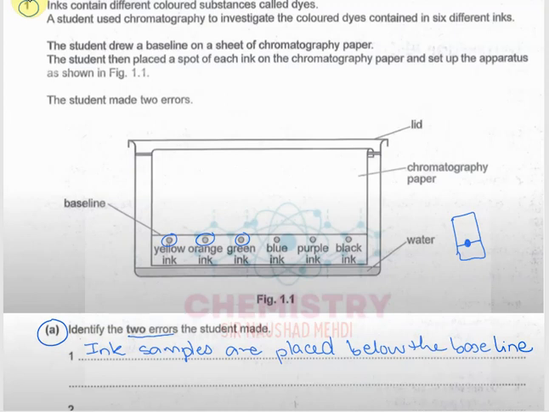Secondly, there is one more error. When the chromatography paper is dipped into the solvent, the baseline should be above the solvent level. But here you can see in the diagram that the solvent level is below the chromatography paper.